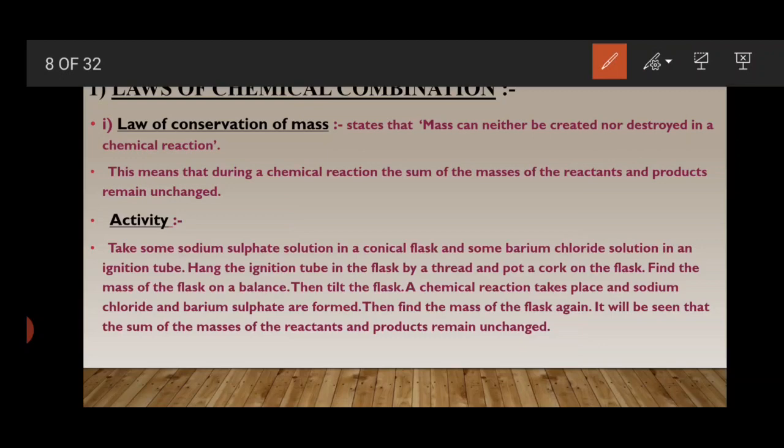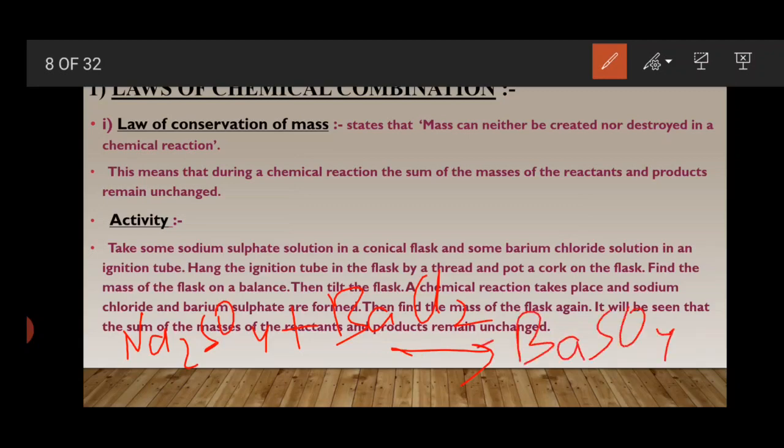Then find the mass of the flask again. It will seem that the sum of the masses of reactants and products remains unchanged. In simple language, the total mass of the reactants is equal to the total mass of the products. That is the law of conservation of mass.